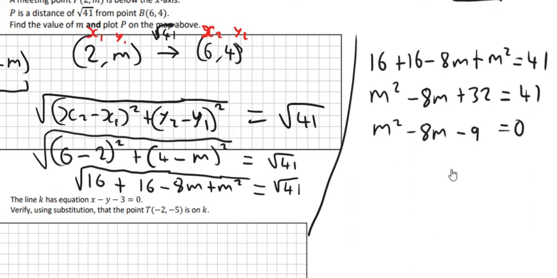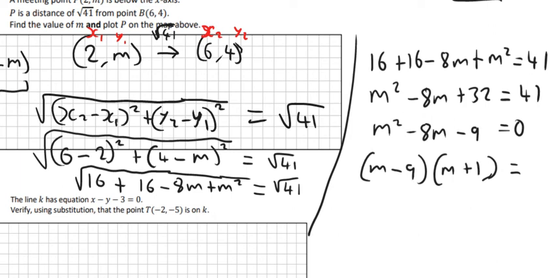Here you've got a quadratic. What a lot of students like doing is using the minus b formula here. A would be 1, b would be minus 8, c would be minus 9, and put it in and you'll get two solutions. Or what you could do is factorize it. It's probably an easier way. You don't have to put it into the big formula if you know how to factorize. So you're looking for two numbers that would multiply to give you minus 9, but would add to give you minus 8. So minus 9 and plus 1.